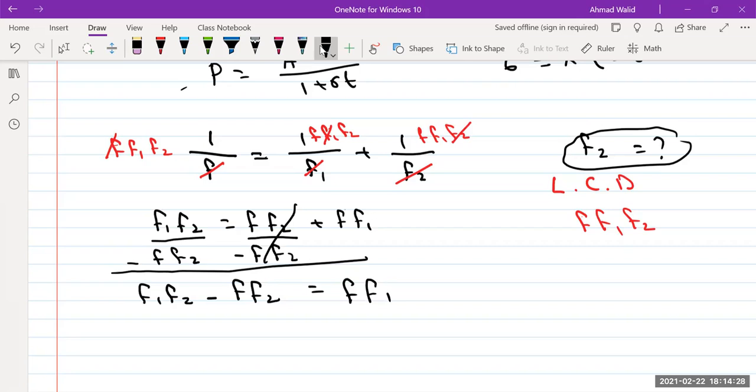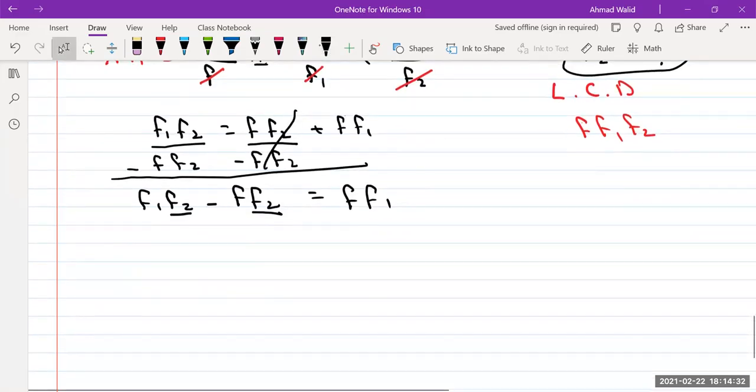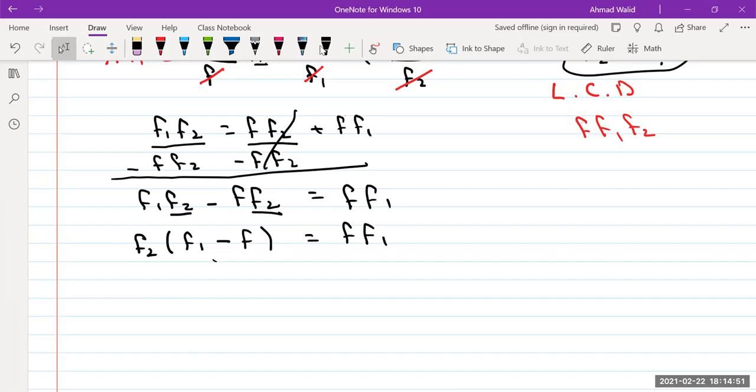Now, solving for F2, you see you have F2 in this term, and F2 in this term. You can take it common. Then F2, parentheses, F1 F2 divided by F2 gives you F1, minus F2 divided by F2 gives you only F, equals F1.